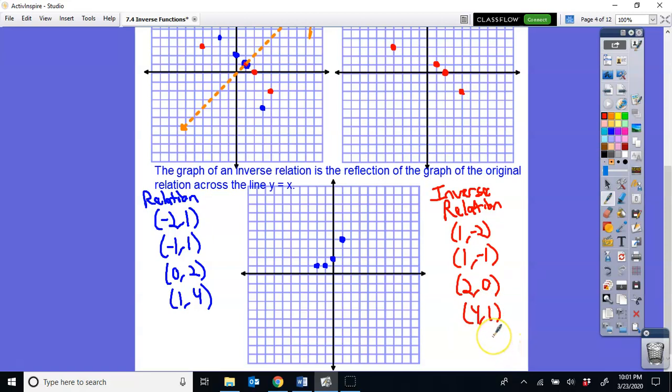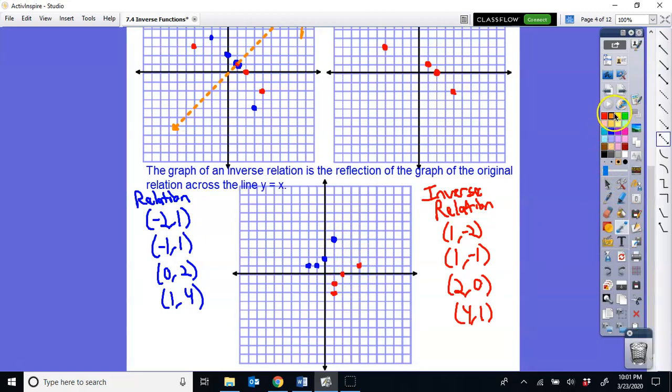Now, if we graphically look at that, you should notice 1, -2 is a reflection across that middle. 1, -1 is a reflection across that middle. 2, 0 is a reflection across that middle. 4, 1 is a reflection across that middle. It will always give you a reflection across that middle line anytime you take the inverse.